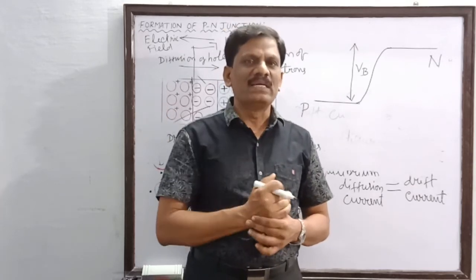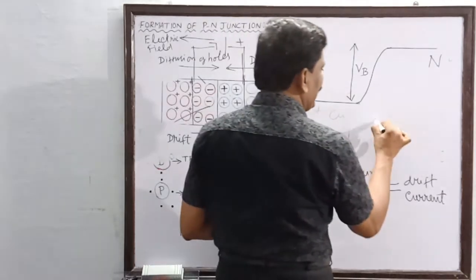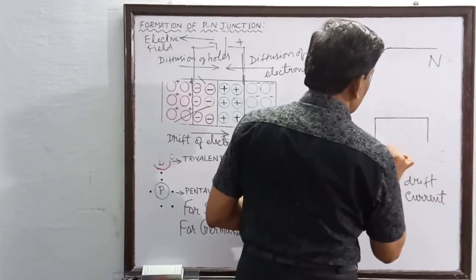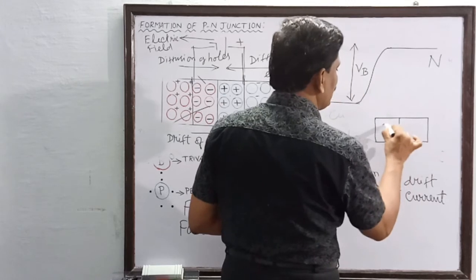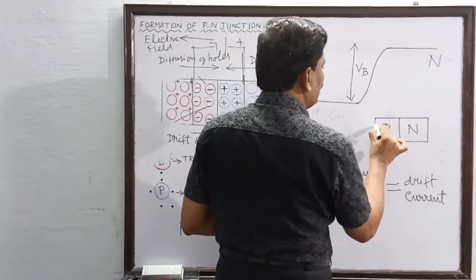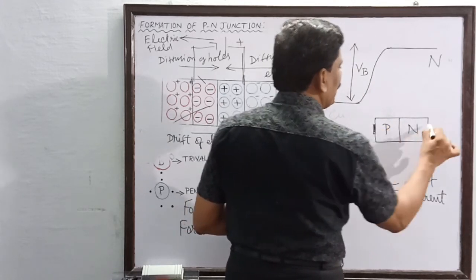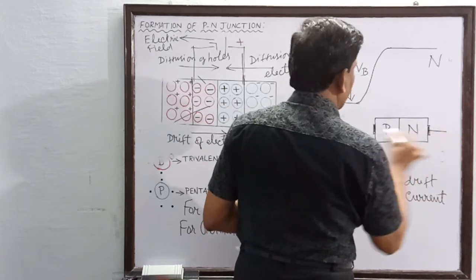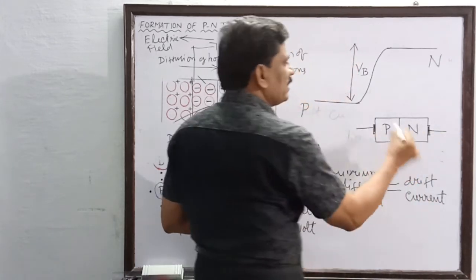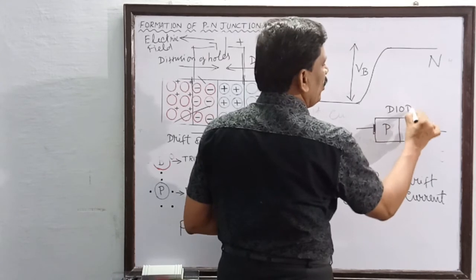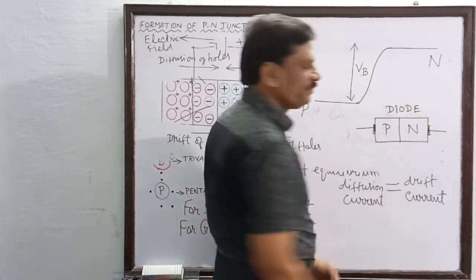I hope you have understood the formation of the internal potential barrier at the PN junction. Suppose you give metallic connections to the two ends of the PN junction. This is the P region, this is the N region, and if you keep metal contacts with wire connections, then this device is called a diode.